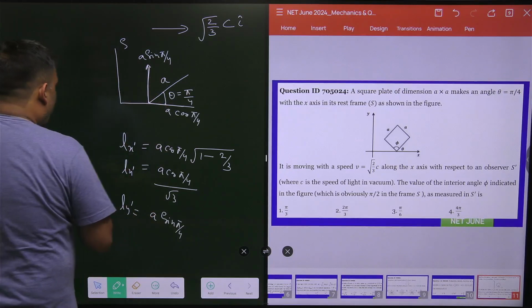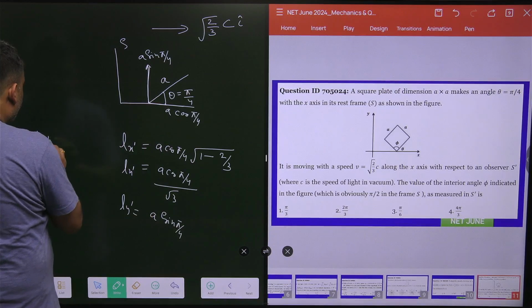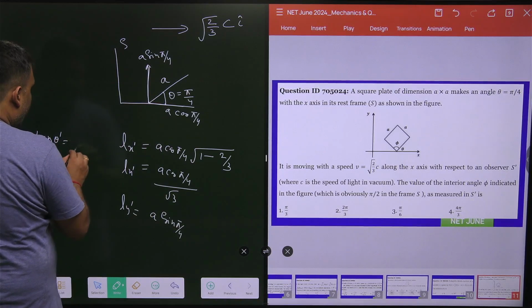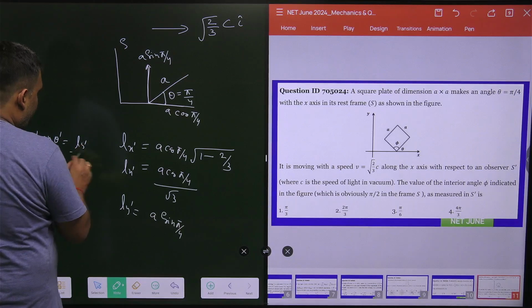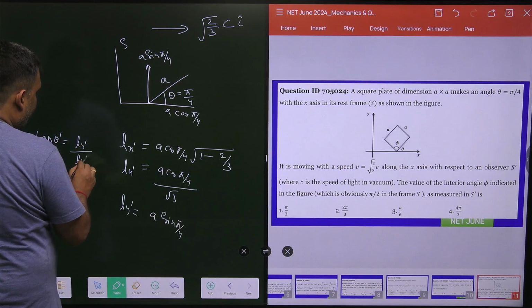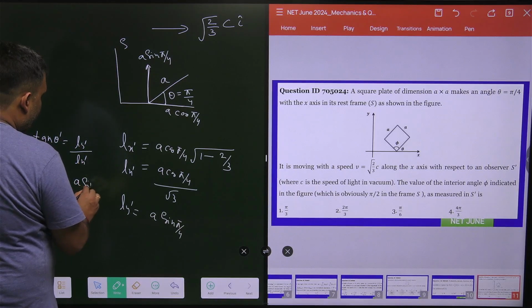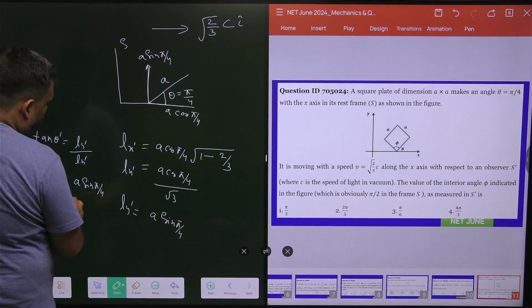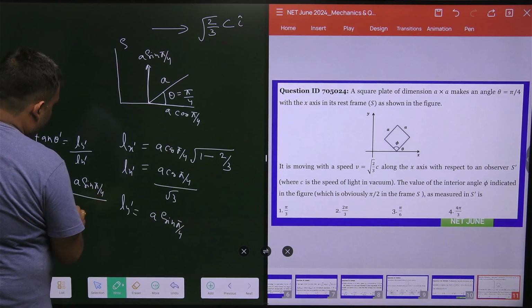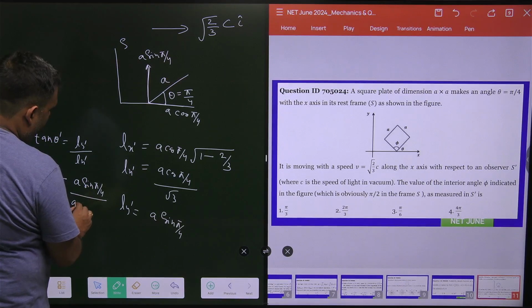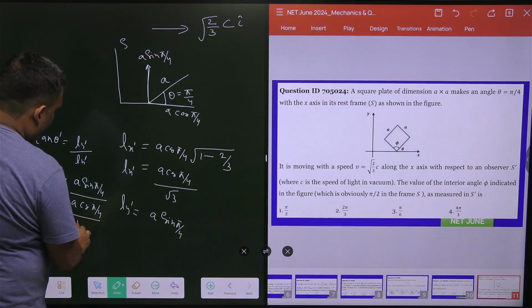So what will happen to tan theta dash? Tan theta dash is equal to Ly dash upon Lx dash, which is A sin pi by 4 by A cos pi by 4 by root 3.